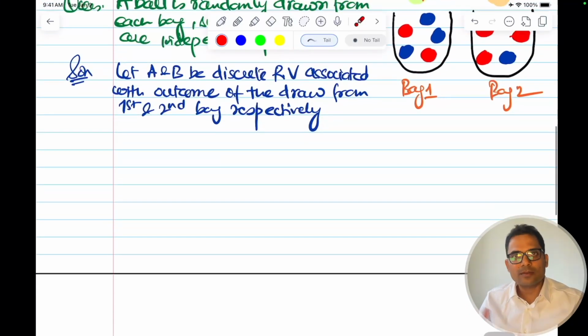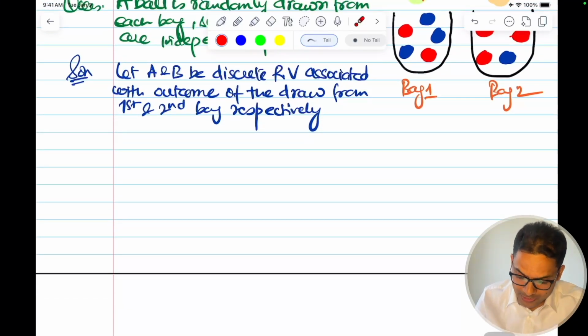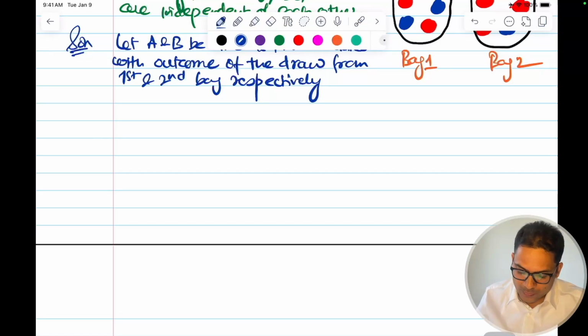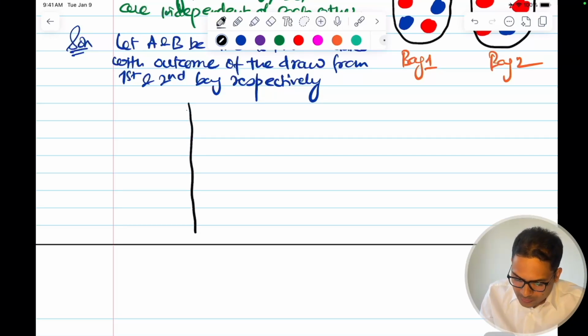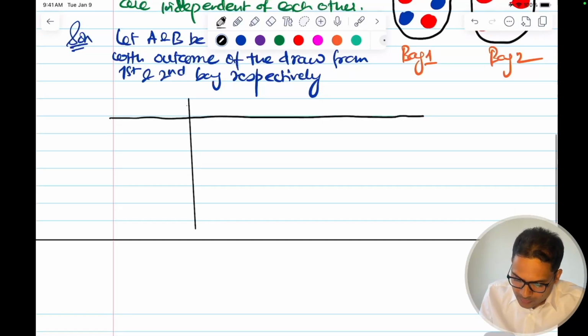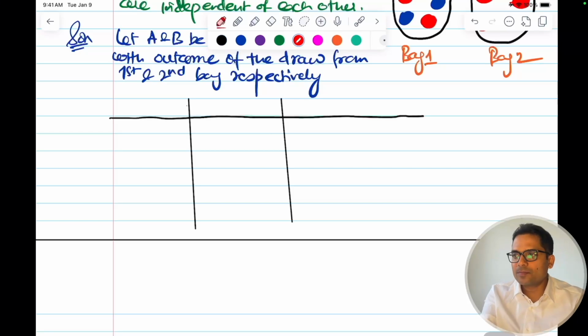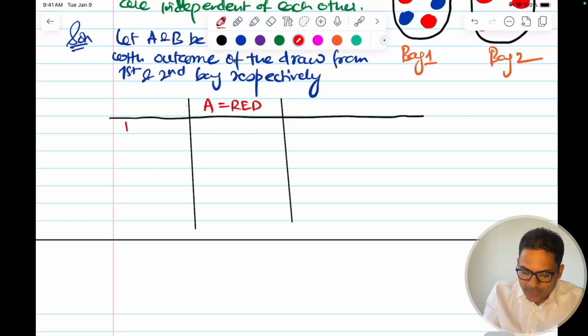So let's see what the probable solutions will be. Let's draw this out, it will be simple. Either A can have a red ball or B can have a red ball, and then B can have a blue ball or A can have a blue ball.